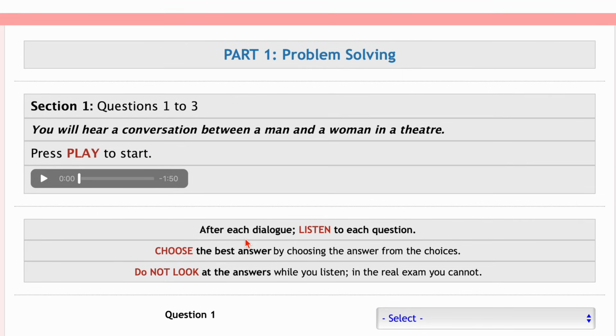Now, before we get started, I just want to remind you of a few things that you should do to improve your listening. First, you should listen to full sentences. It's very important. You can't just pick words and bits of information. If you pick words and bits of information, just little parts, that could affect your score because sometimes the answers include all those bits and parts, okay?